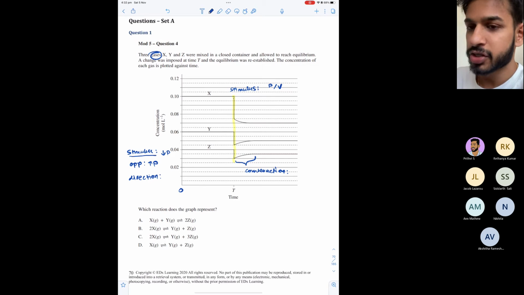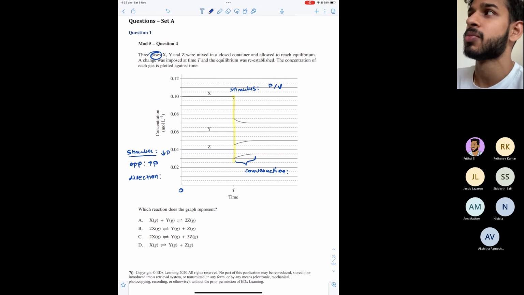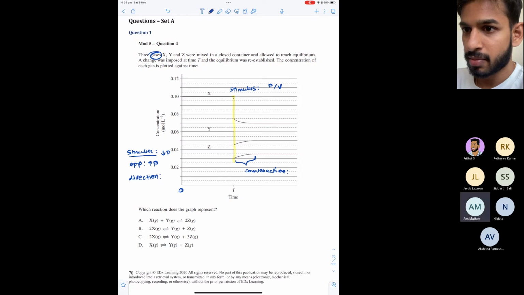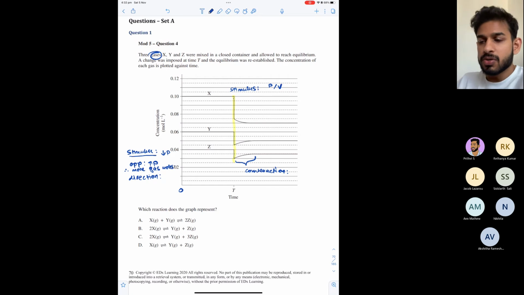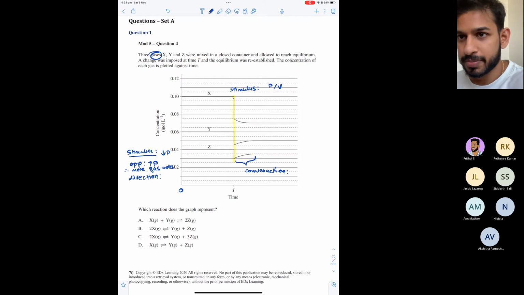So which direction would the system want to go? Would it want to go to the direction that makes more gas moles, or less gas moles? The one that makes more gas moles. Good. So we want to go to the side that produces more gas moles. And we have no idea what direction it's gone yet, because we don't know who the reactants are, we don't know who the products are.